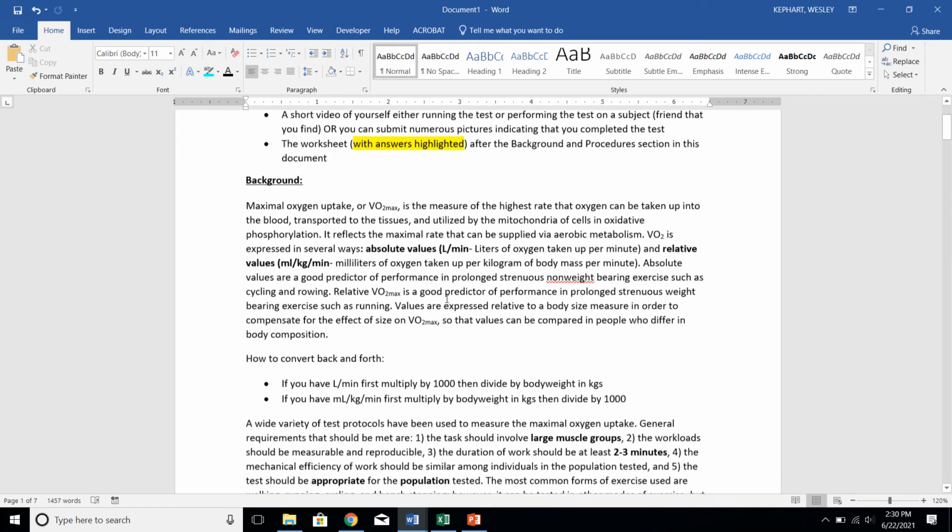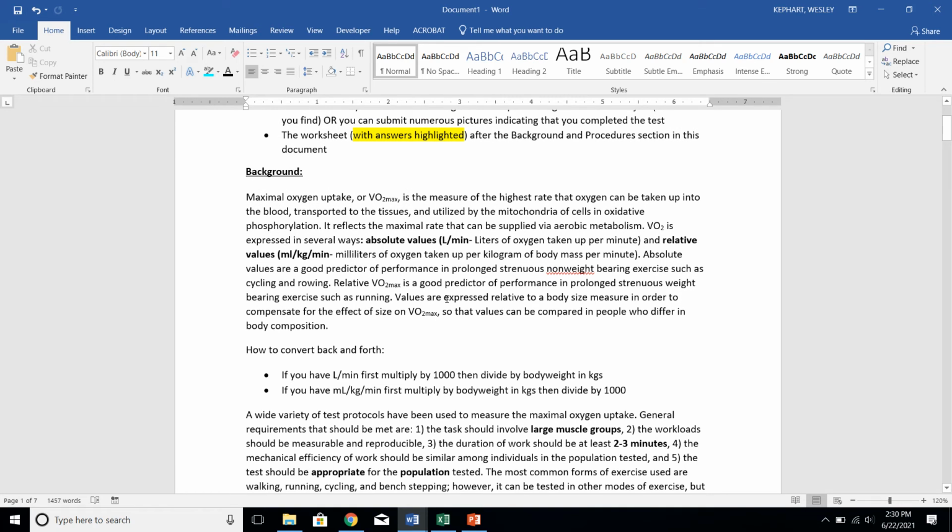So now let's just get into a little bit of background on this VO2 Max and what all of this is. Put as simply as I possibly can, VO2 Max is just your ability to transport and utilize oxygen. We have a few different ways of representing it: absolute values and relative values.